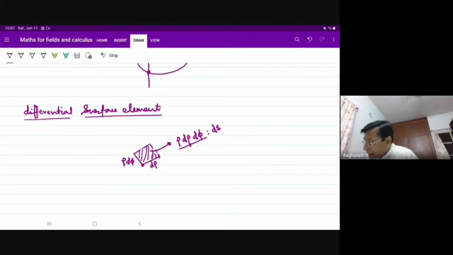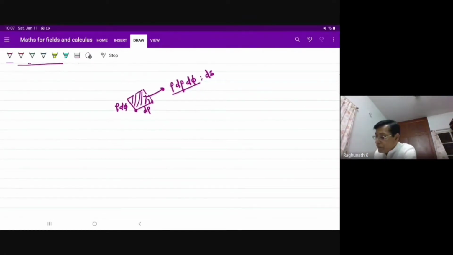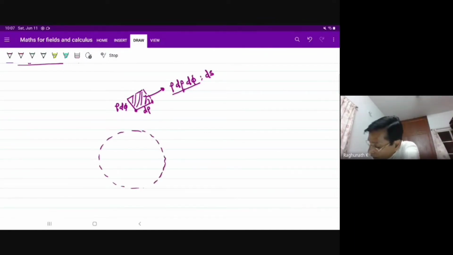And just as an example, quickly, if I have a circle of radius A, I want to talk about its area. If I want to do it in Cartesian coordinates, I will show it next class. It will be typically a difficult one.